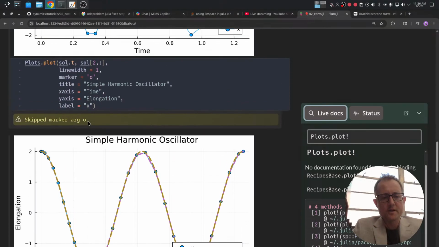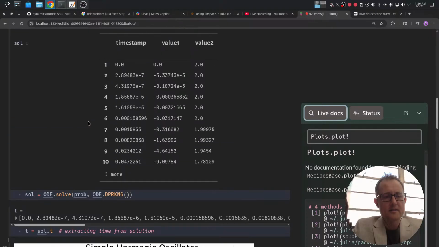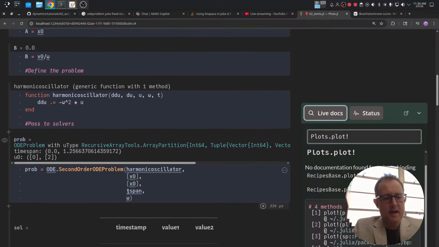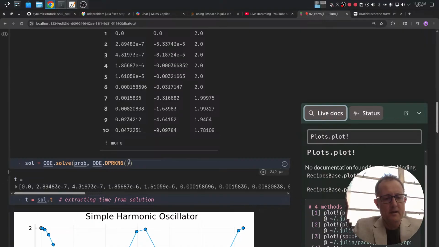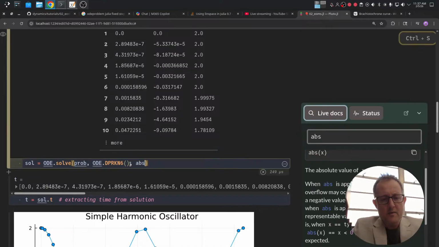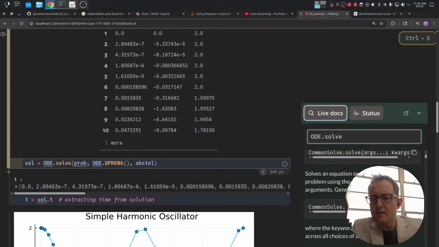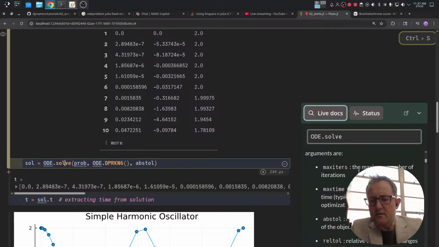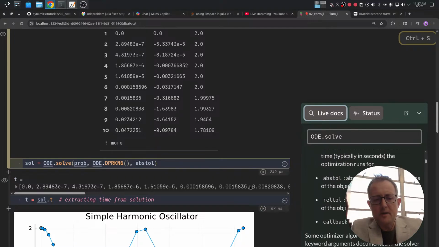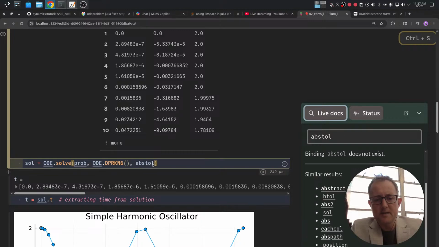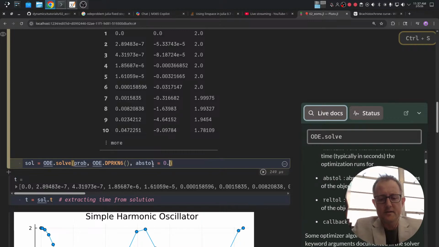And let's go do that. Since these curves are a little ragged to begin with, let's come back up here and give it an ABS TOL. I think it's ODE.solve. Yeah, ABS TOL. Let's make it smaller. I don't know what the default is.